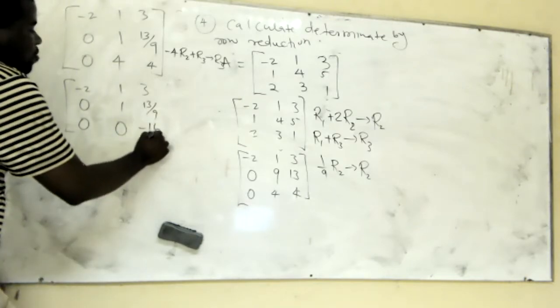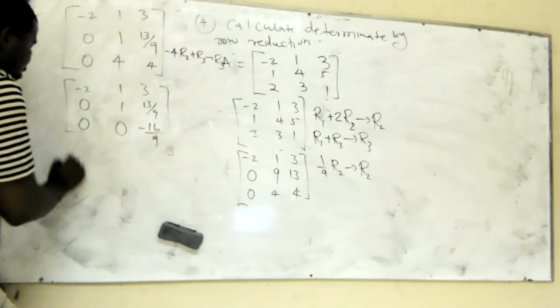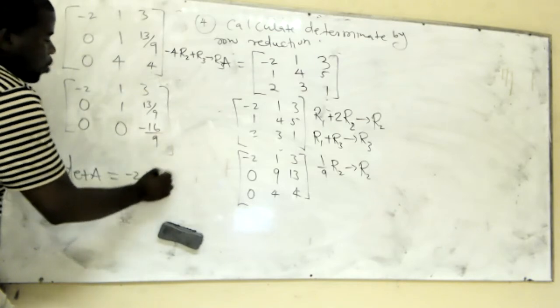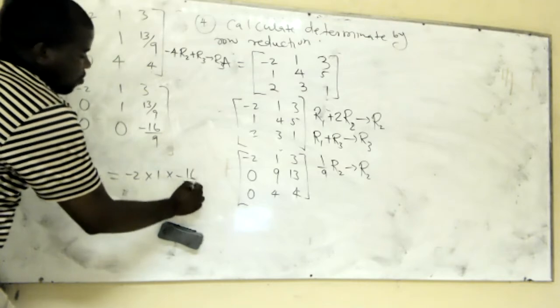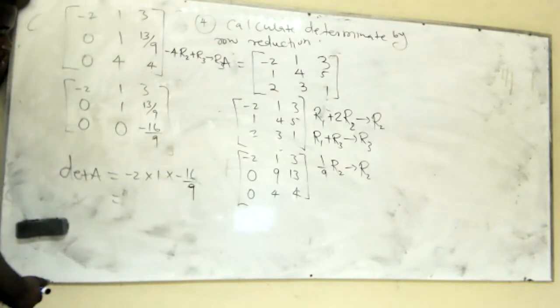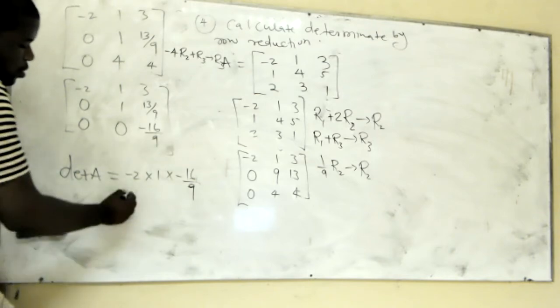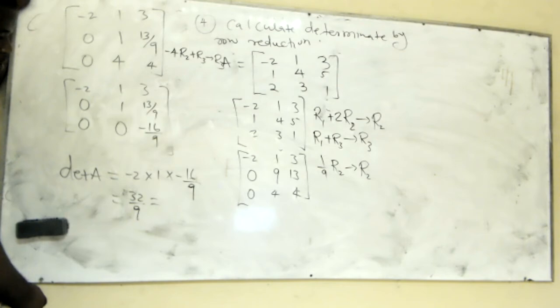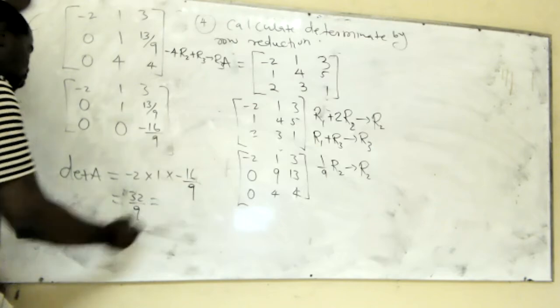Negative 16 over 9. Then now the determinant of A is going to be negative 2 multiplied by 1 multiplied by negative 16 over 9. What will be the answer of that? 32 over 9.